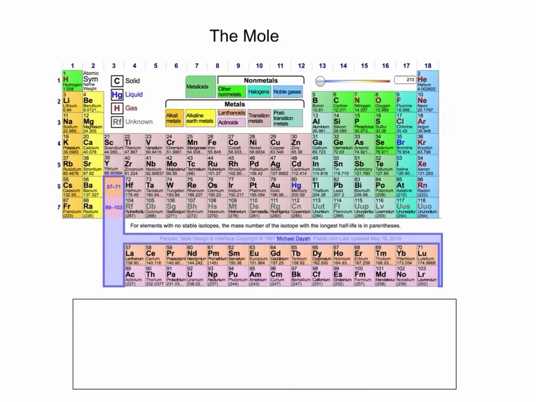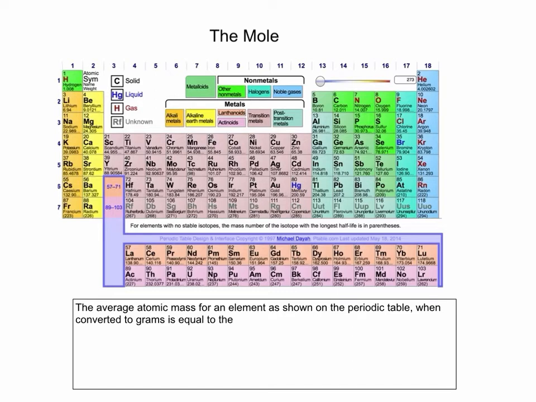That number, Avogadro's number, was picked because the average atomic mass for an element, as shown on the periodic table, when converted to grams, is equal to the mass of 1 mole of that element.